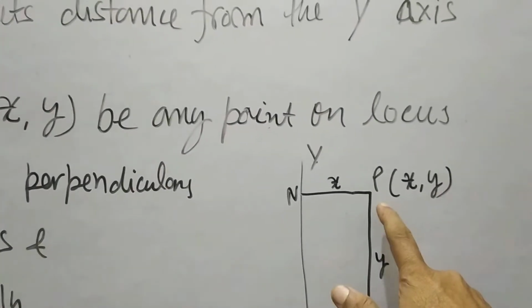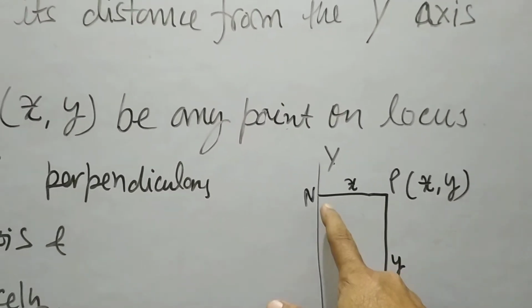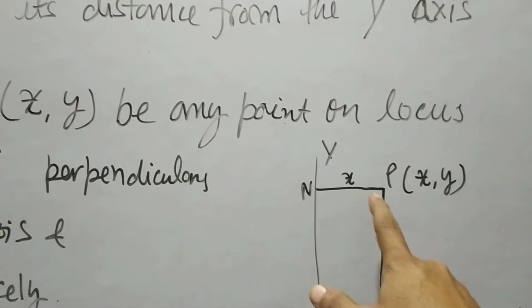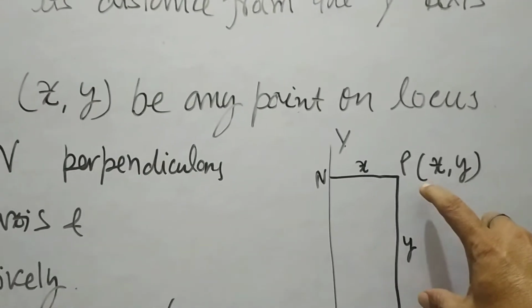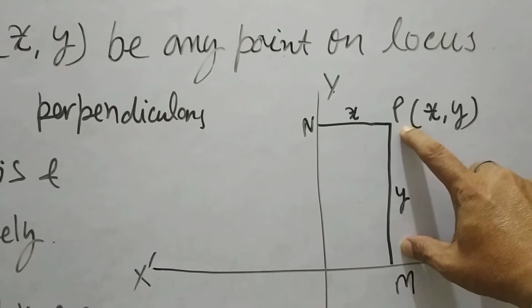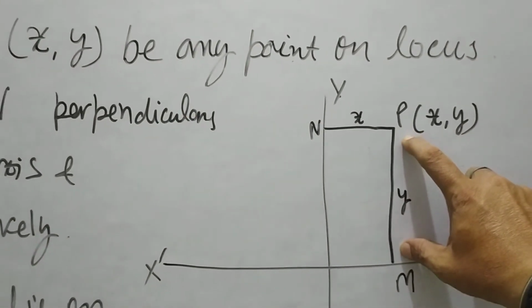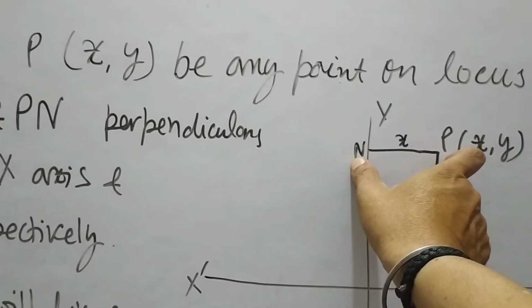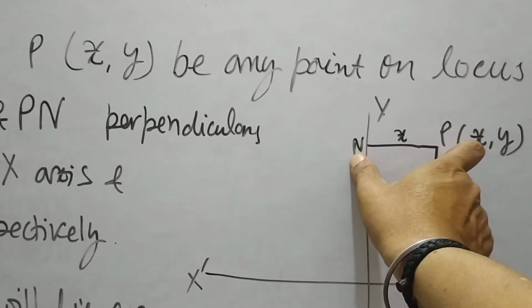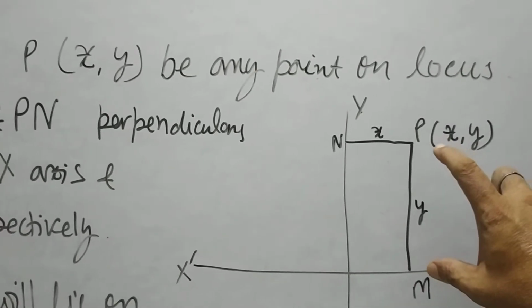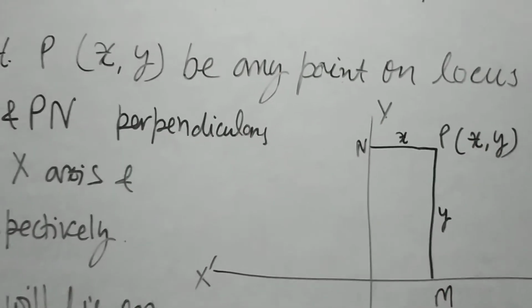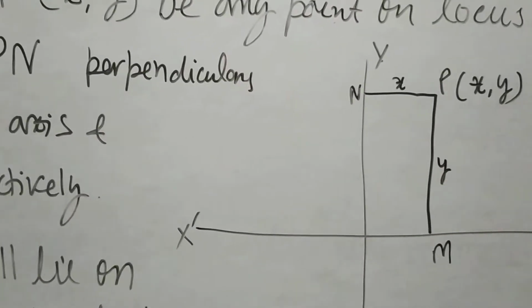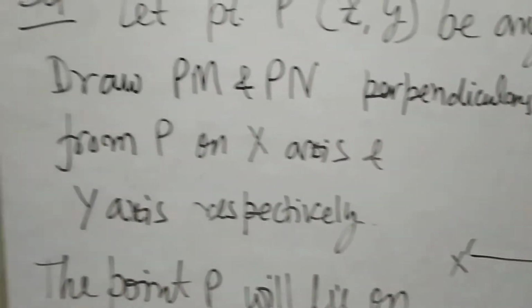We have chosen a point which lies on the locus with the condition that this distance or this length is equal to 3 times this distance. You have to clarify this in your mind, otherwise there may be a problem.